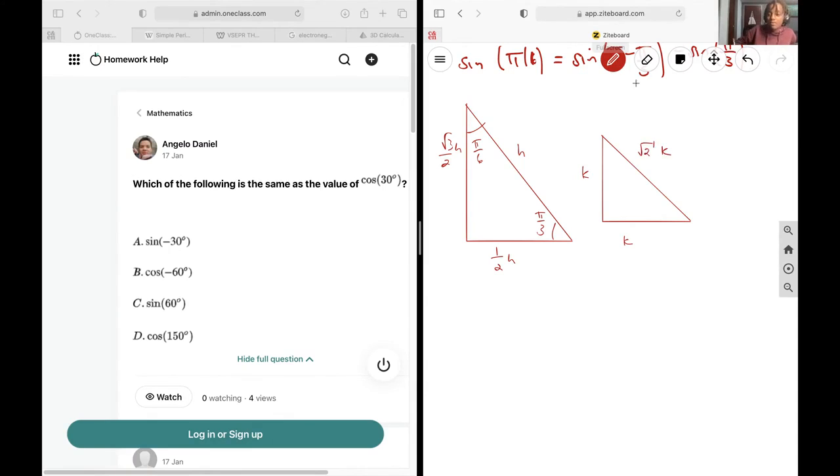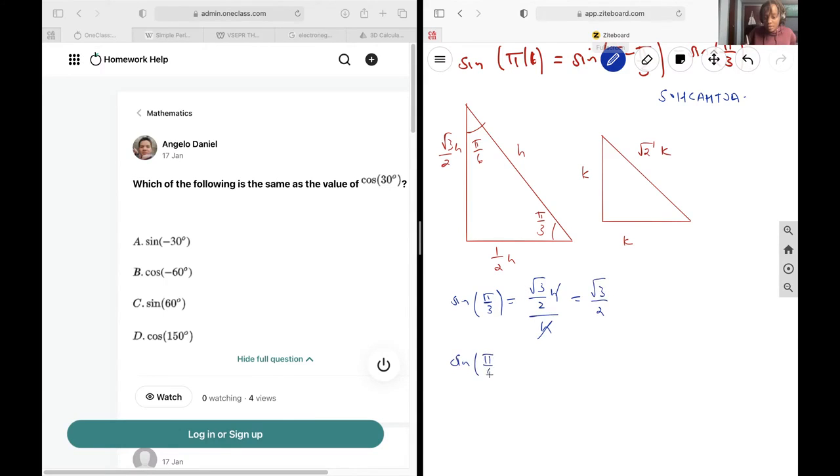Okay, and so just using SOHCAHTOA, you will have that sine pi over 3 is going to be opposite over hypotenuse, so root 3 over 2h over h, which is obviously root 3 over 2.